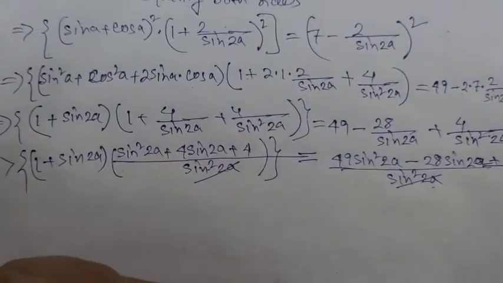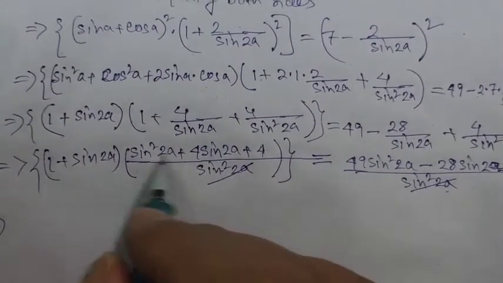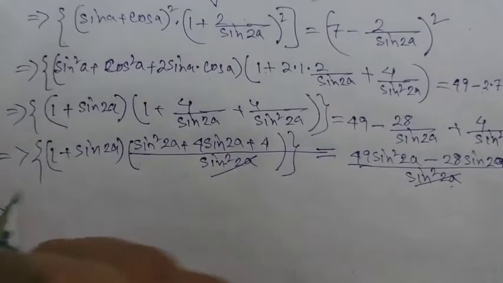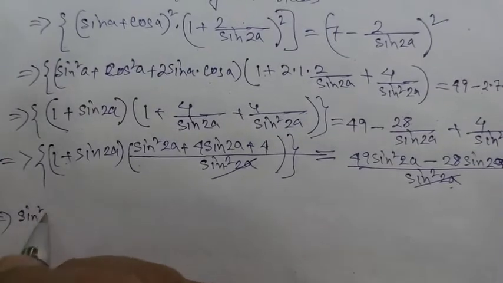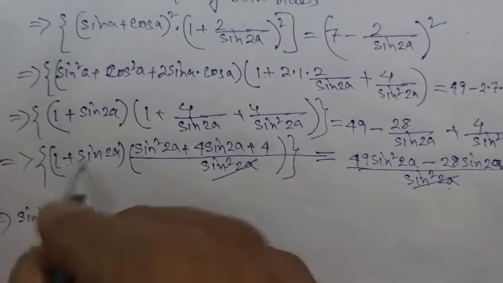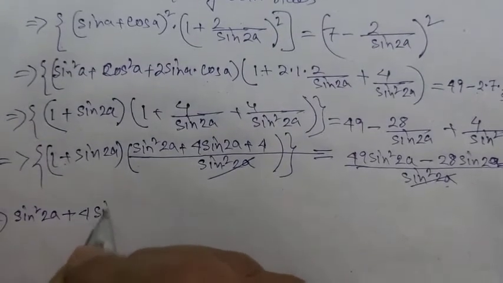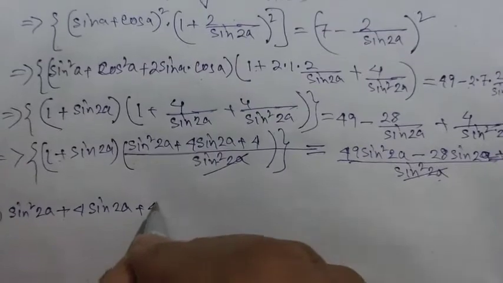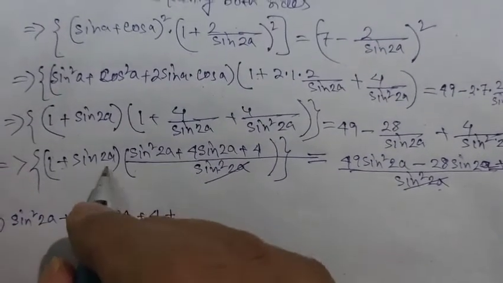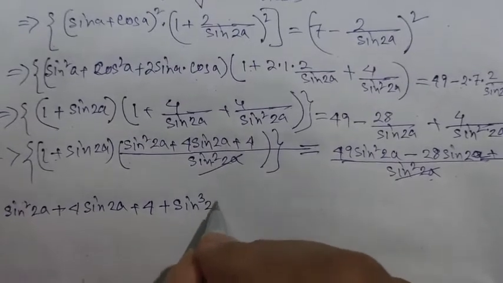Now next what to do? Now next we need to multiply this expression with this expression. So then we will get 1 into sin square 2A, that is sin square 2A, plus 1 into 4 sin 2A, 4 sin 2A, plus 1 into 4, plus 4, plus sin 2A into sin square 2A, sin cube 2A.